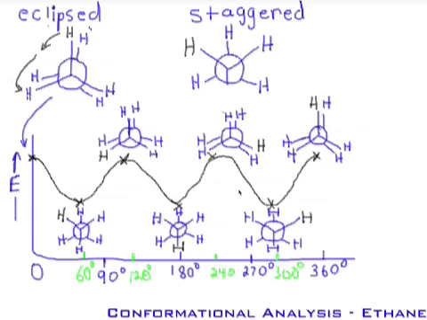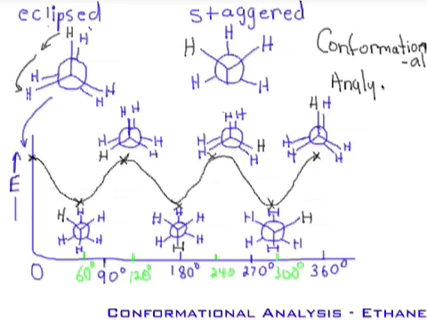Now this type of graph of energy and degrees of rotation, where you plot the change in energy as you go from eclipsed to staggered, is referred to as conformational analysis.